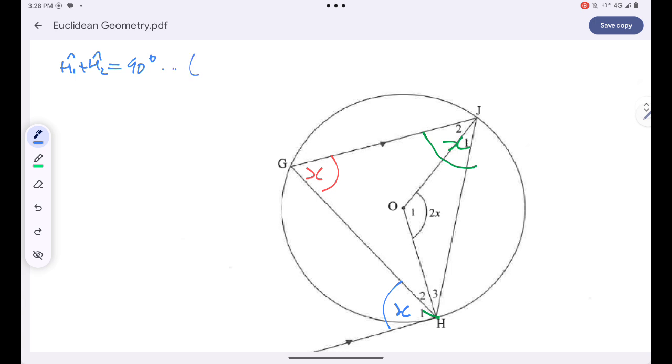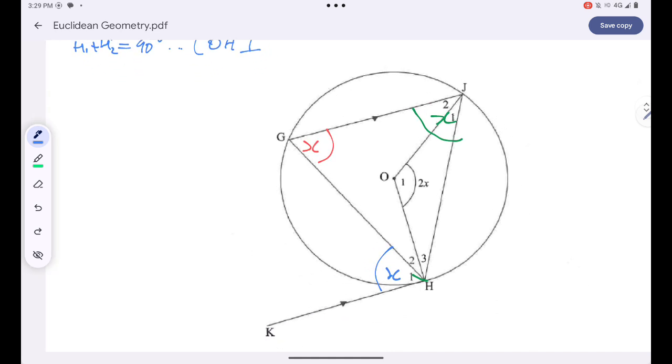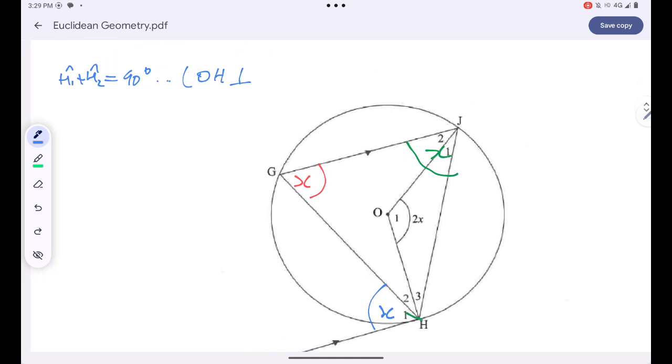Firstly, because OH is perpendicular to the tangent KH, and hence we have a tan-radius.